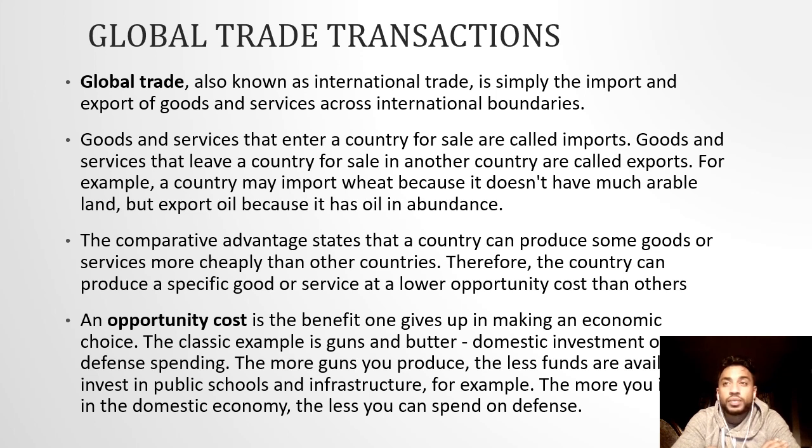Okay, so for example, the U.S. is a huge exporter of military products, right? Military equipment, jets, helicopters, Apaches, all those things. So the U.S. is very big in that. Malaysia is very big in rubber.